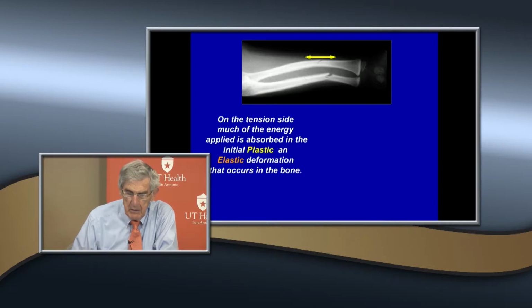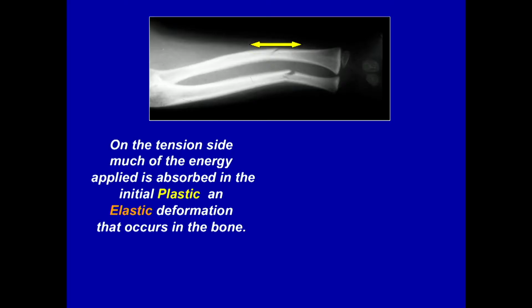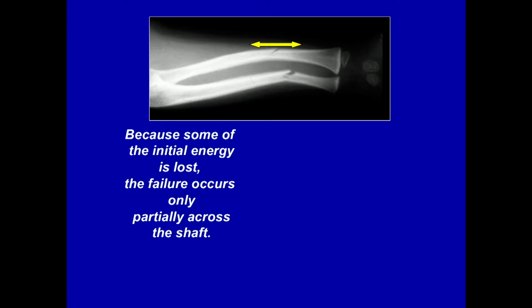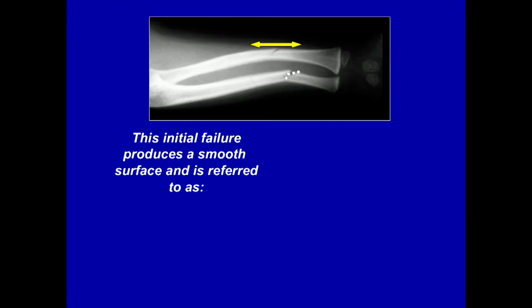So you have here what happens in the bending force: some of the injury is absorbed in both the elastic and plastic deformation that occurs in the bone, and so you've lost some of the initial injury in that early deformation, so the fracture occurs only partially. You haven't got enough force to complete the fracture, as you can see here.